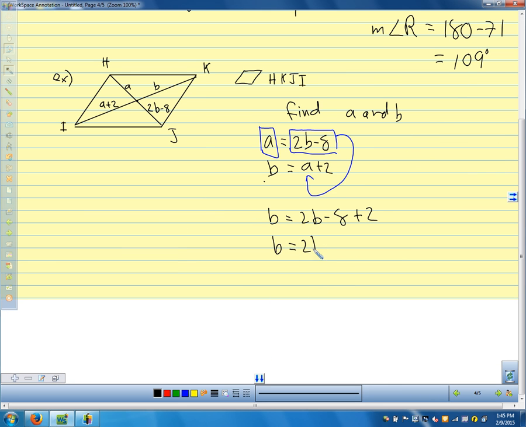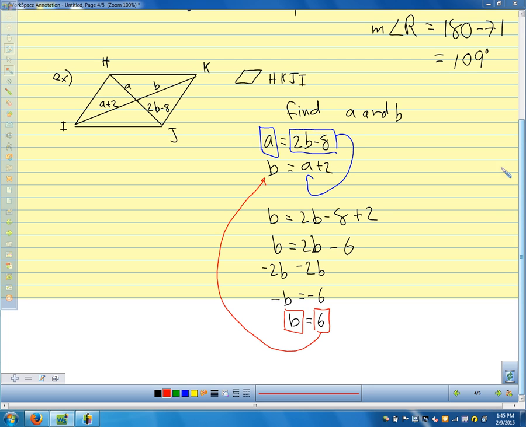So B equals 2B minus 8 plus 2 is 2B minus 6. Subtract 2B from both sides. So negative B equals negative 6. And so B equals 6. Now we have B equals 6. And I'm going to take this and put it right there. Substitute it into the other equation.